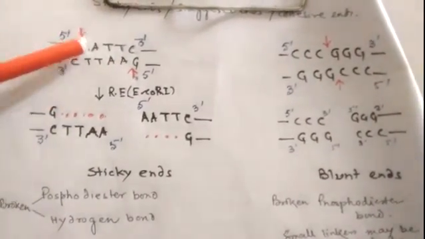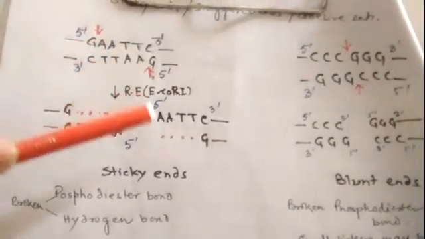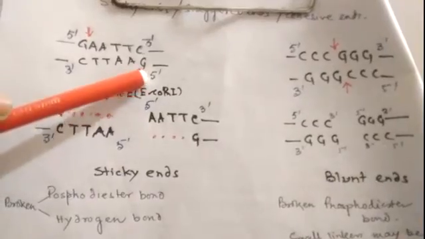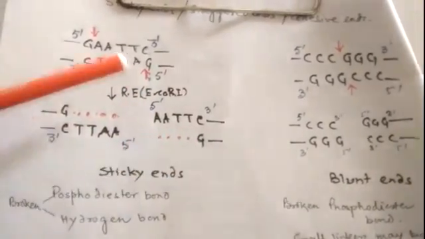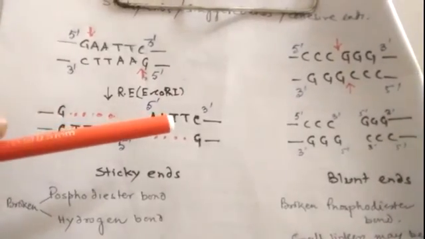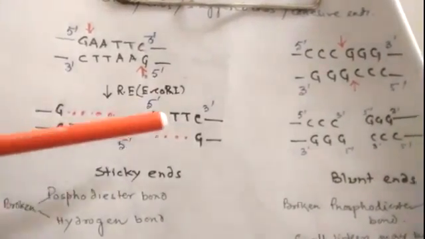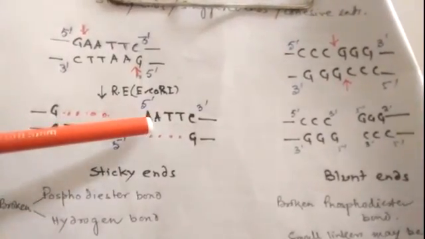And finally in this strand we will be left with G here and AATTC here, and in this strand we will be left with G here and the AATTC here, and this AATTC and this CTTAA can form the complementary base pairs.